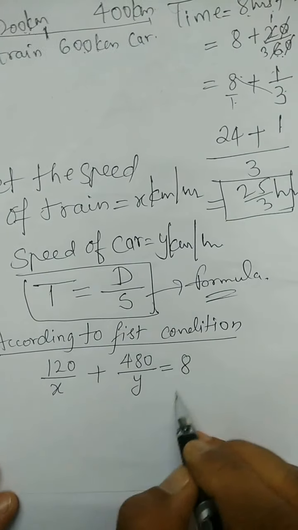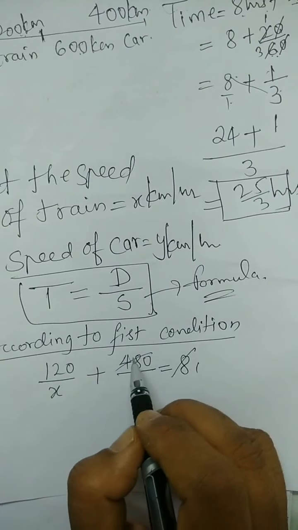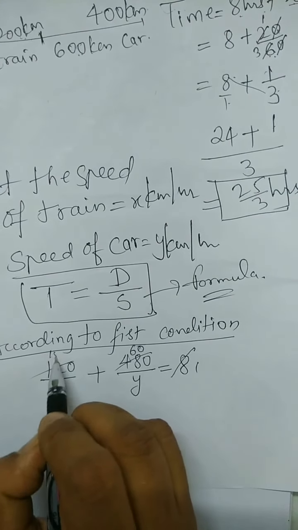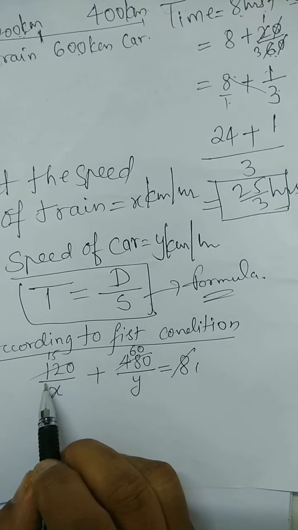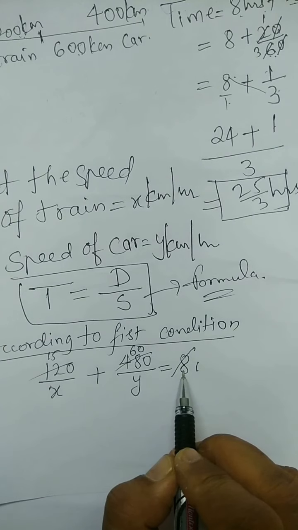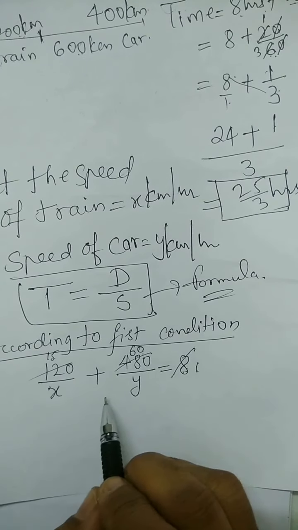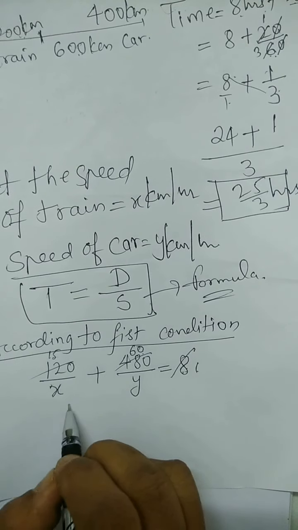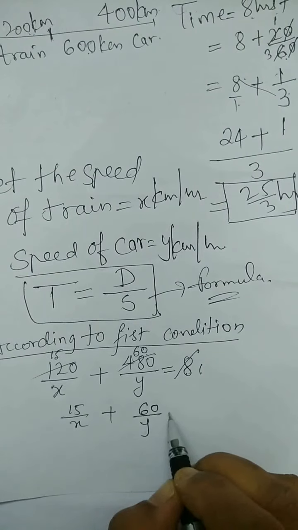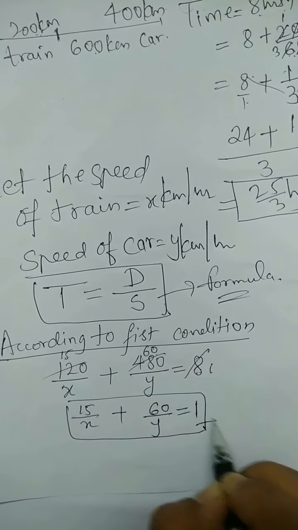Then if you want, you can cancel it by 8. 8 ones are 8, 8 sixties are 8, 8 fifteens are 120. If you can't cancel directly, you can divide and check. 15 eights are 120, 16 eights are 480. So this will get converted into 15 by x plus 60 by y equals 1. This is the first equation.